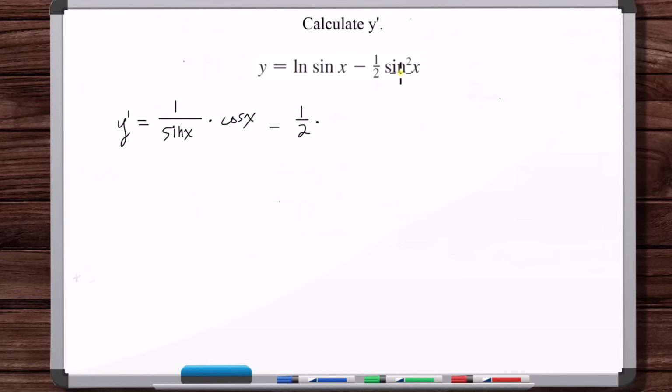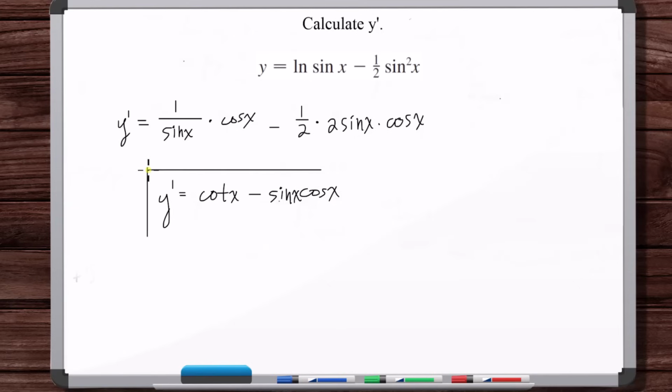Chain rule again. What is the derivative of something squared? It's 2 times that something times the derivative of that something. There we go. Okay, so we've got cosine of x over sine of x is cotangent of x, and then minus sine x cosine of x. That's the derivative.